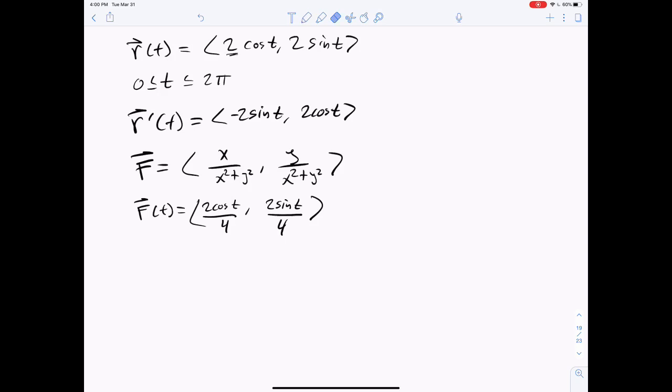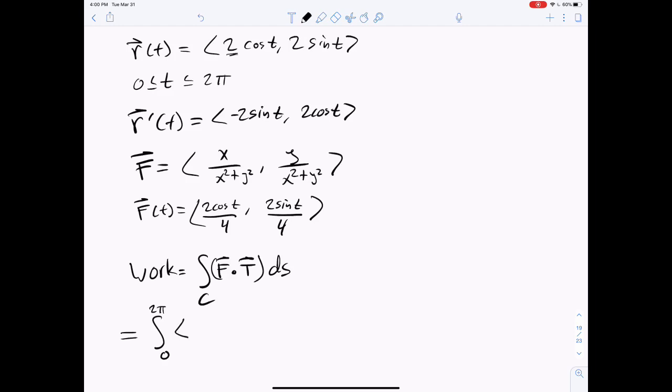And they wanted to know the work. So the work is the integral over the curve of the vector field dotted with the tangential direction, T ds. And once you work that out, we're going to go from 0 to 2 pi. That's our time.